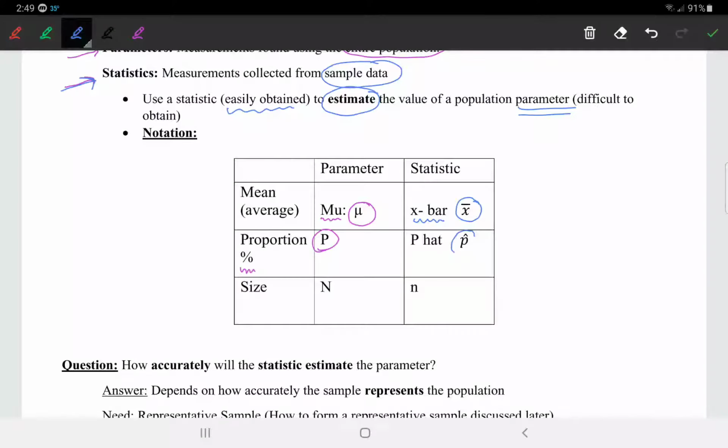We would give that the symbol p hat. And obviously there are size differences between the population and the sample. When you're talking about the size of a population, you use a capital N, and when you're looking at the size of a sample, we'll use a lowercase n.